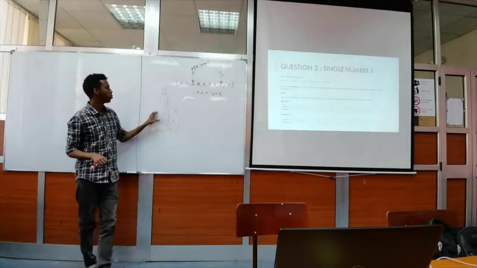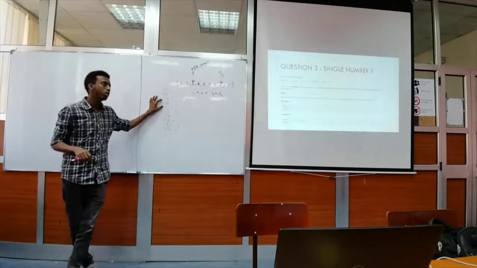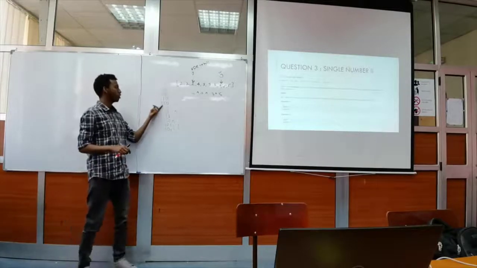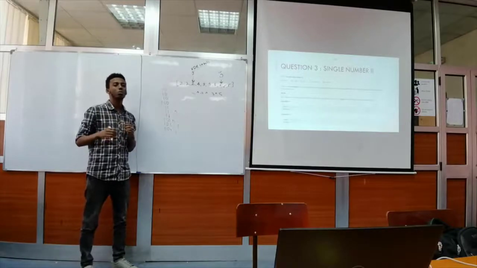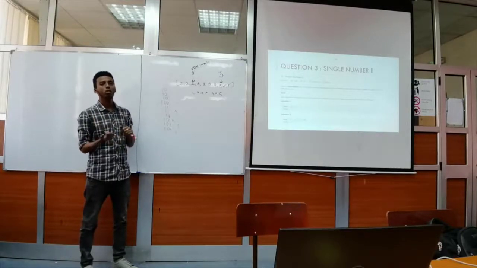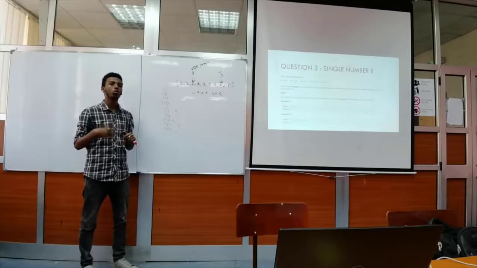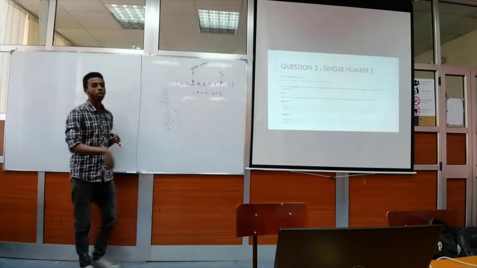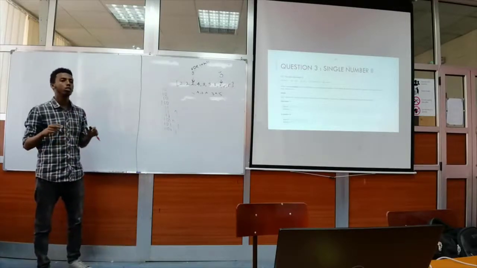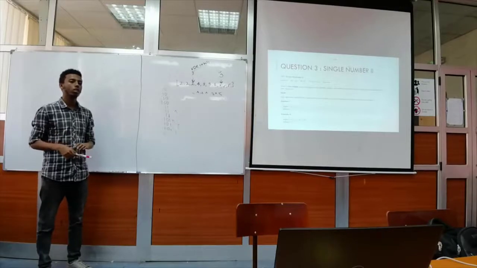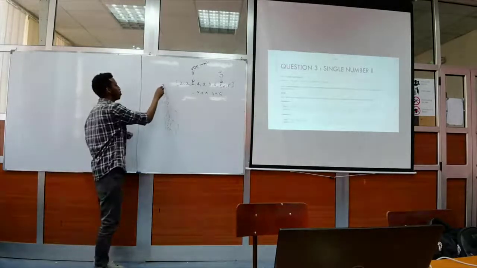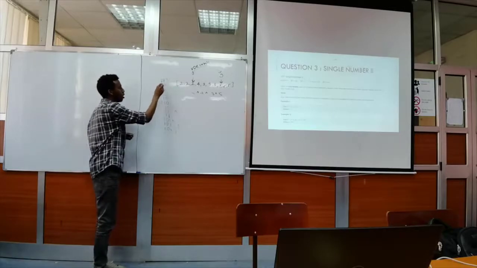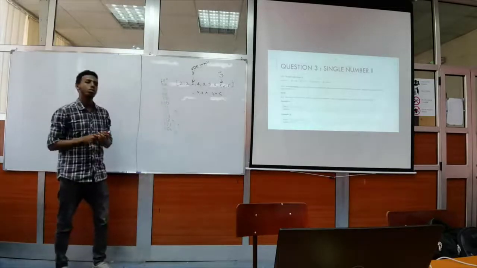It appeared 3 times, but it is turned on 4 times in total. 1 extra number turned it on 1 time, and if it was a duplicate number, it will turn it on 3 times. So the number of turned on bits will be a multiple of 3, right? If we had, for example, 5 3 times, we would have 2 more 1s and the turned on bits would be 6.